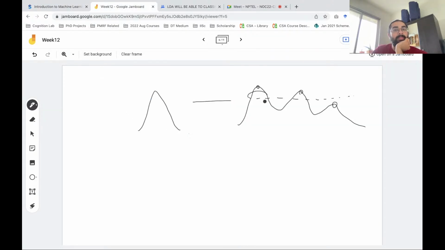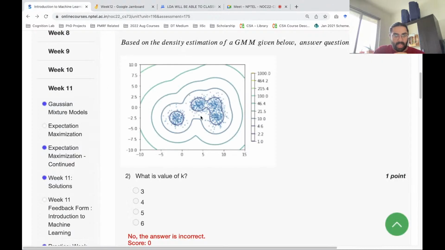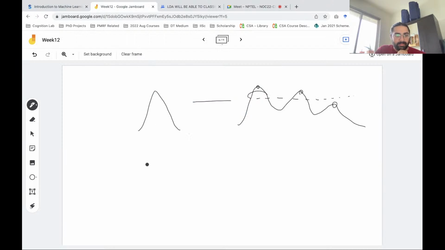No, but the point is we are saying that all these mountains are Gaussians. So basically they have to look a certain way. For example, if you only had 3 peaks, how it would look is something like this. It would have a shape like this, and then you'll have a straight sort of thing, right?